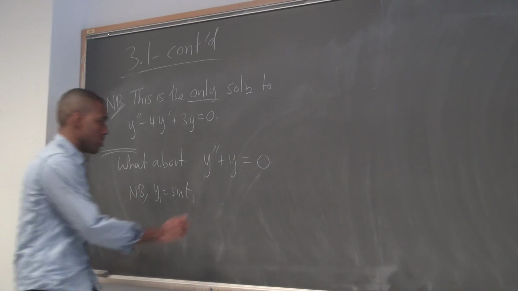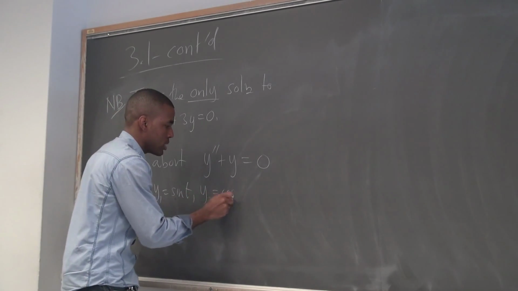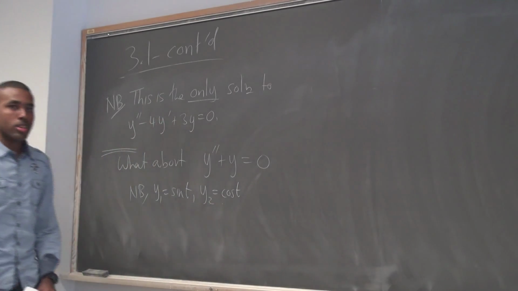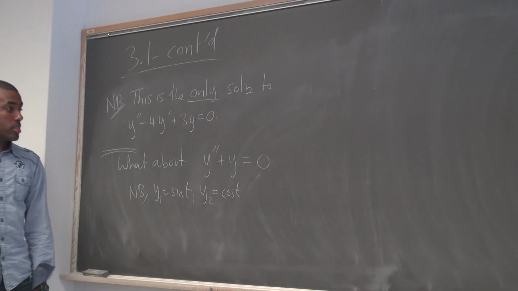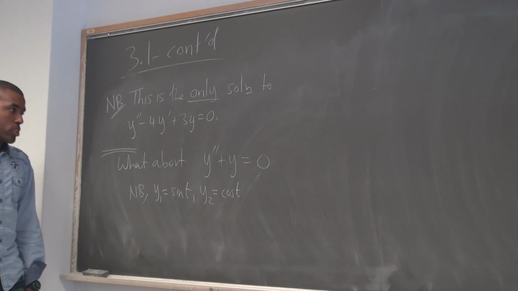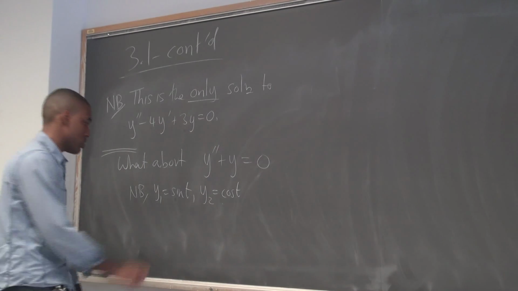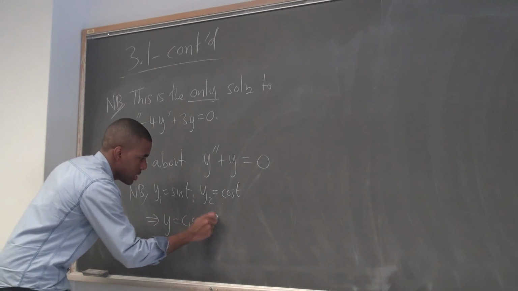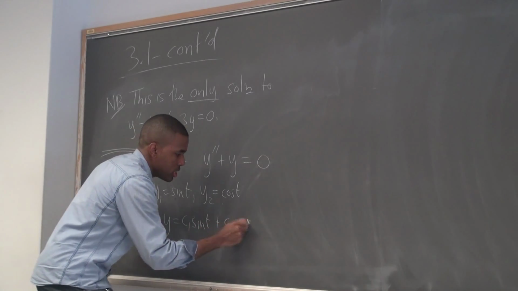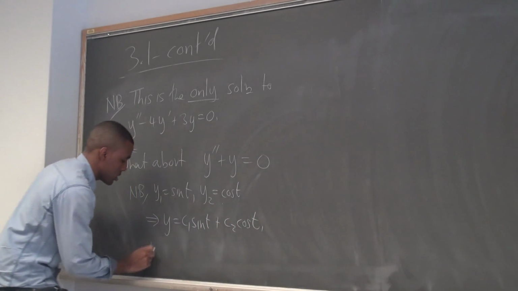Also, cosine t is a solution to this. If I take the second derivative of cosine t, I get minus cosine t. So if I add the second derivative to the original function, I actually get 0. Which means y equals c1 sine t plus c2 cosine t is a solution.